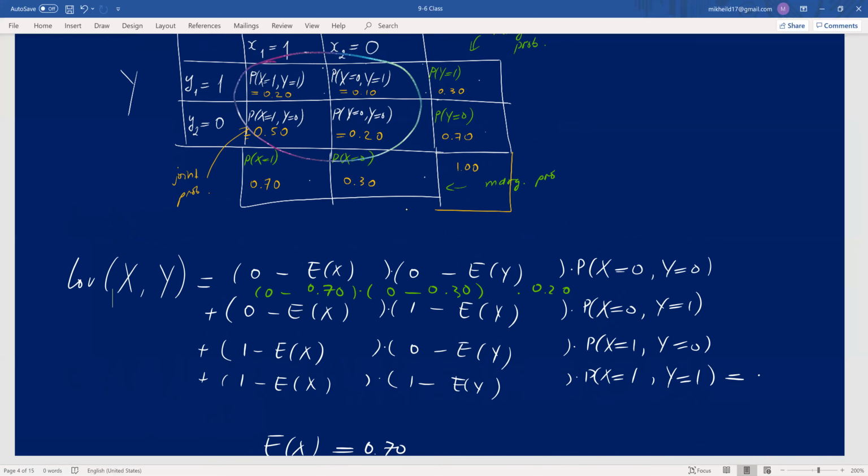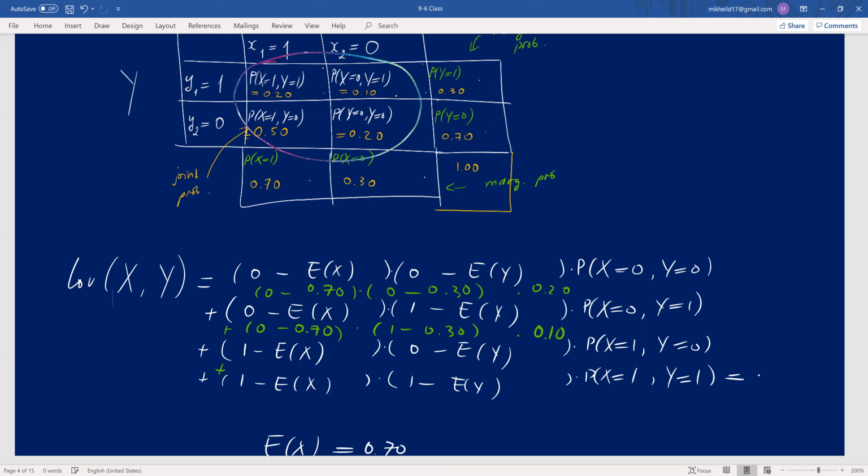And you add to this 0 minus 0.70 times 1 minus 0.30 multiplied by the probability that x equals 0 and y equals 1, that's 0.10.